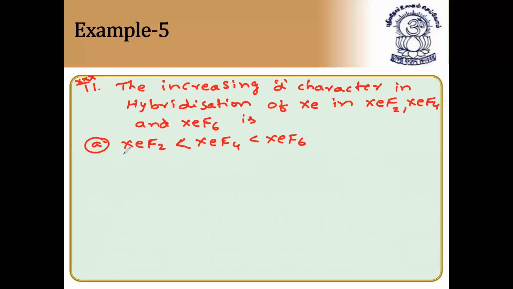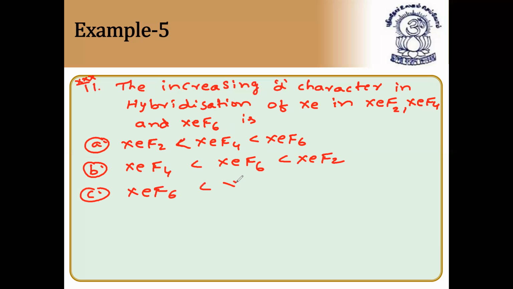Second option, D character means hybridization, sp3d, sp3d2 like that. So second option, XeF4 is less than XeF6 less than XeF2. Third option, XeF6 less than XeF4 less than XeF2.